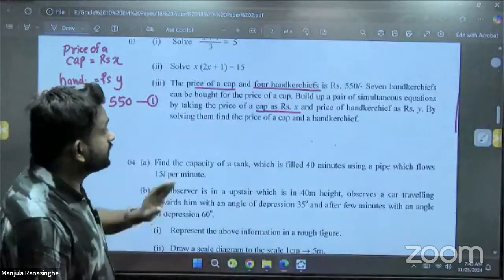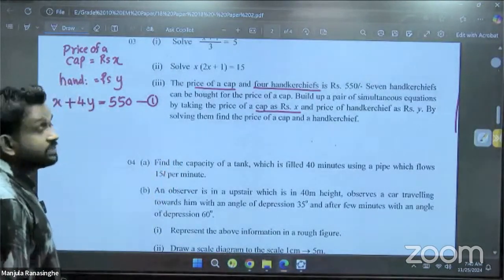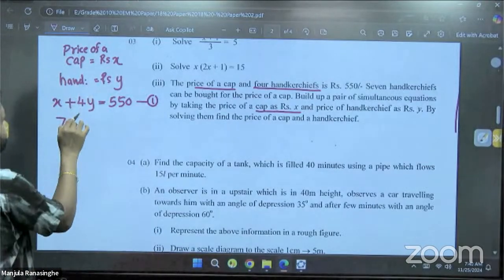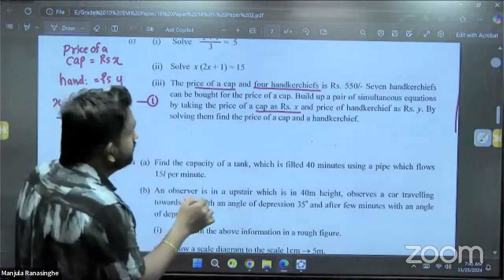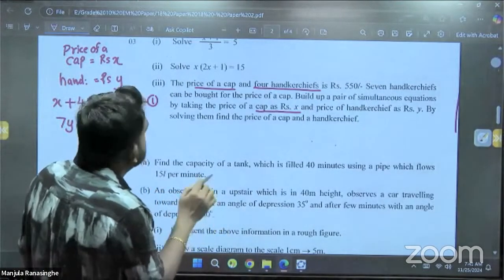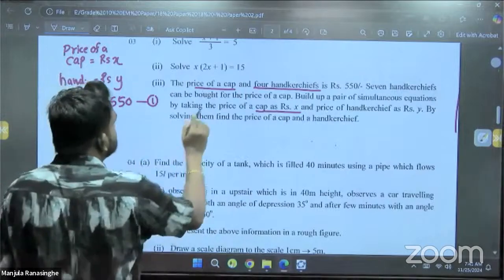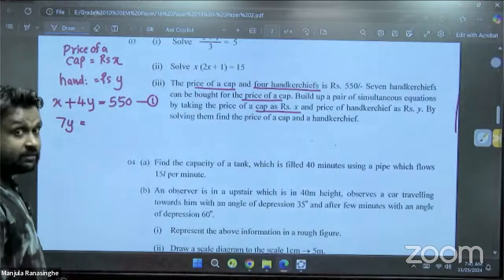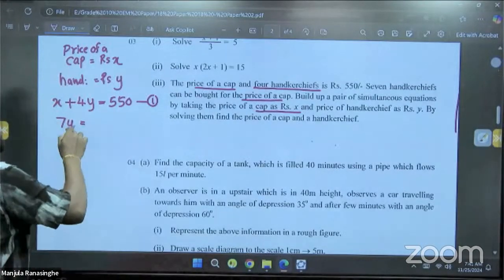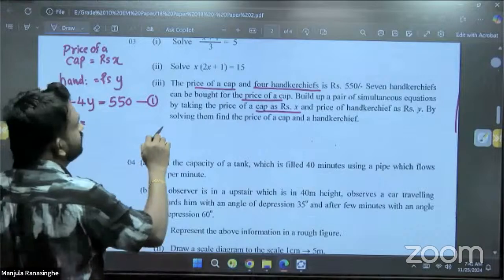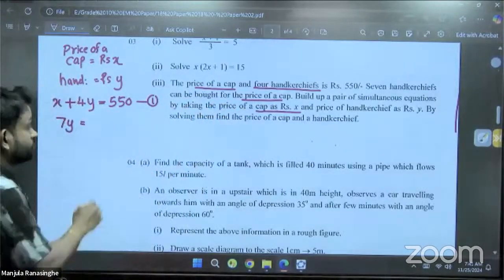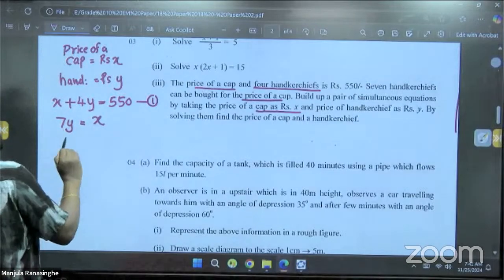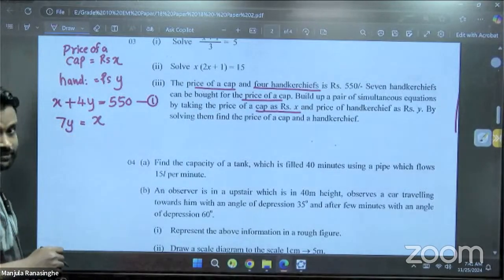The second part, seven handkerchiefs means 7Y. Seven handkerchiefs can be bought for the price of a cap, right? Then the price of seven handkerchiefs equals the price of a cap. The price of a cap is X, so 7Y is equal to the cap price.